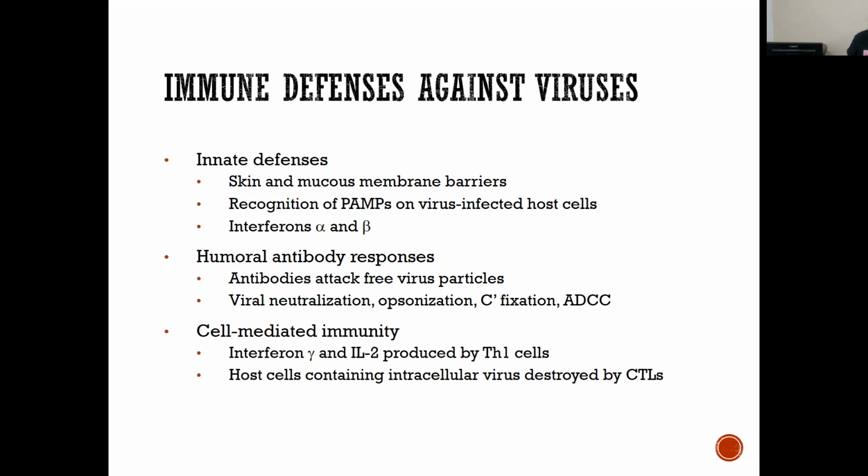IgG is there if it's been exposed to it previously. IgM is revved up on initial exposure. And then after all of that, we still have the next step, which is cell-mediated immunity comes in. And we bring in another interferon gamma, and interleukin 2. And these are produced by the T helper 1 cell.